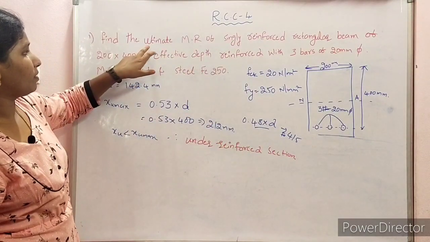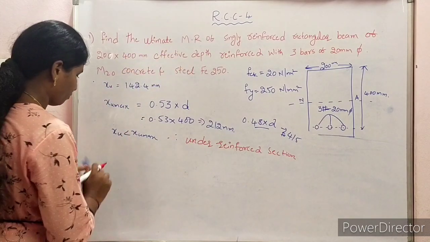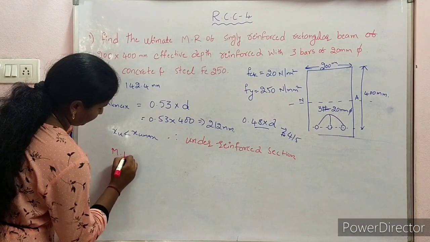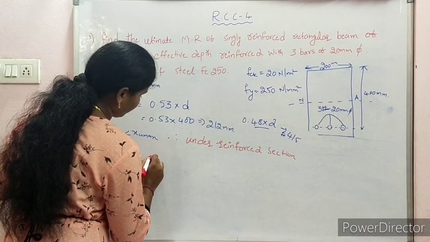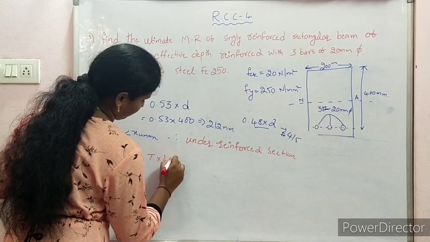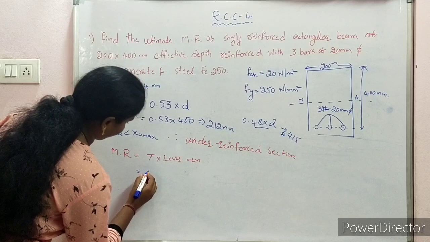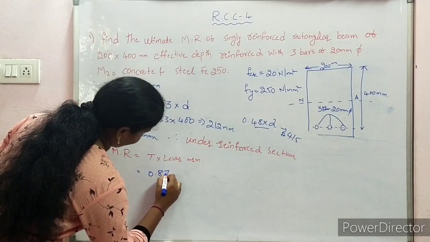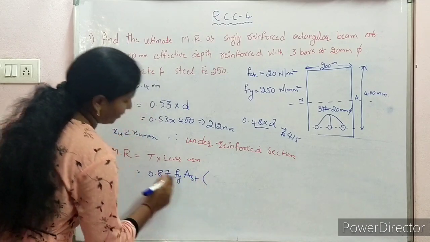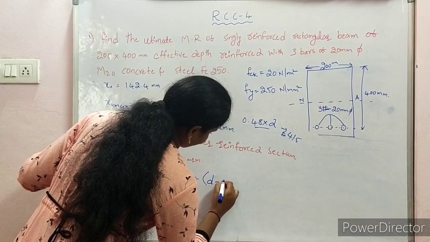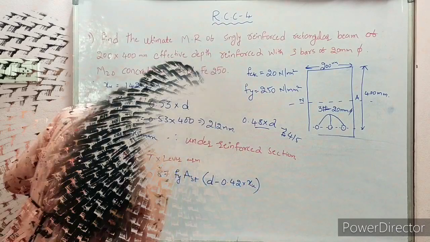What is given in the problem is that we have to find the ultimate moment of resistance. The moment of resistance formula is tensile force into lever arm. Tensile force is 0.87 FY AST, and lever arm is d minus 0.42 into XU.